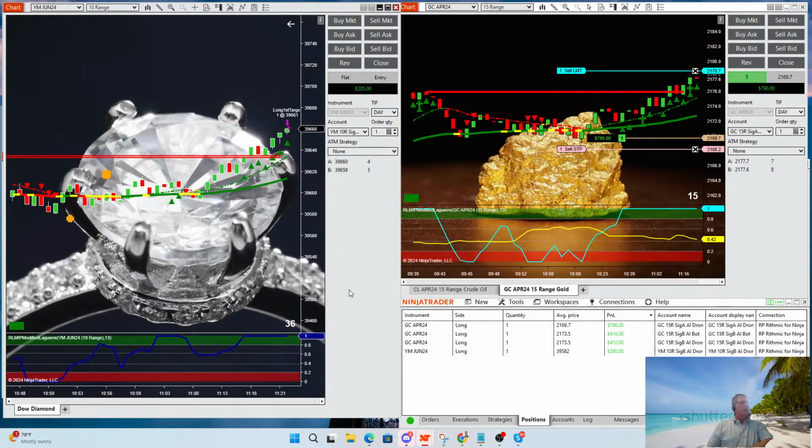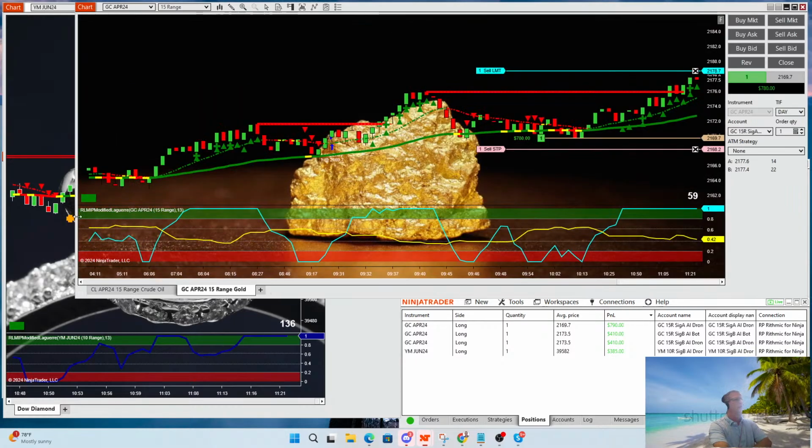Runs it on a 10 range and does very well. It's very consistent. So that Dow Diamond got a full winner on that trade. And gold is, man, I tell you, if you were in that trade on gold and held on to it, God bless you. You got a stronger stomach than me.